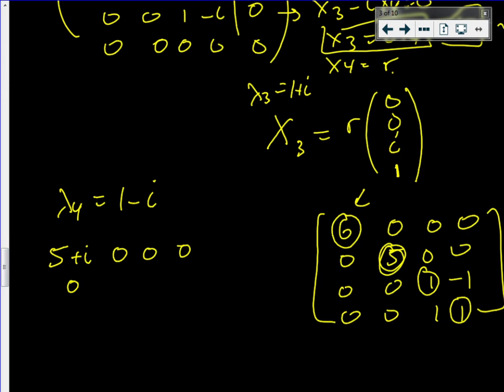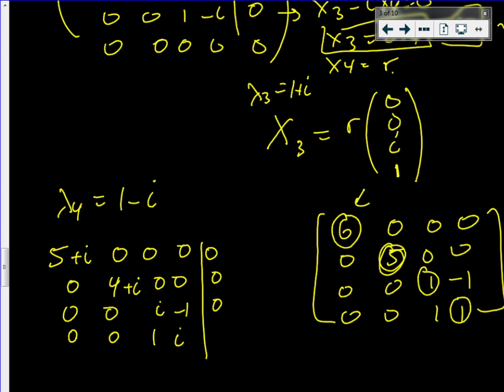And then 0, and then we get 4 plus i, 0, 0. And then 0, 0, and then i, negative 1, and then 0, 0, 1, and then i. And this is all equal to 0. This matrix was helpful. Don't need it anymore.